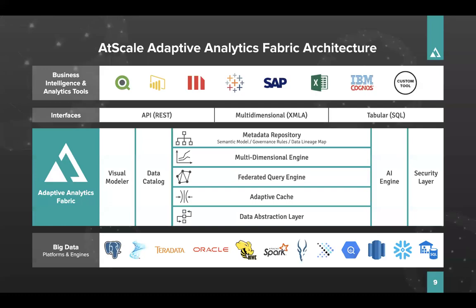And this is what the AtScale platform looks like as we explode it out. Again, we're connecting our consumers to our data platforms. We do that through a metadata layer, so we present what we call virtual cubes or virtual tables to these consumers.